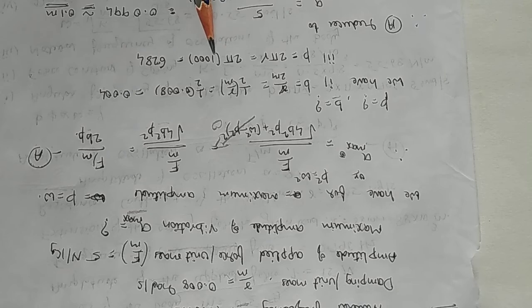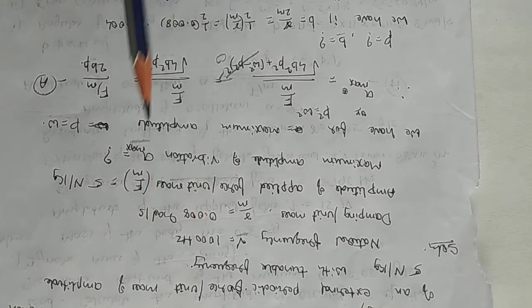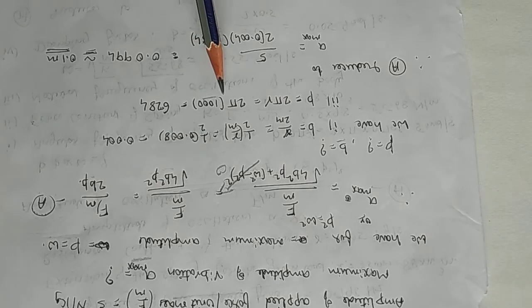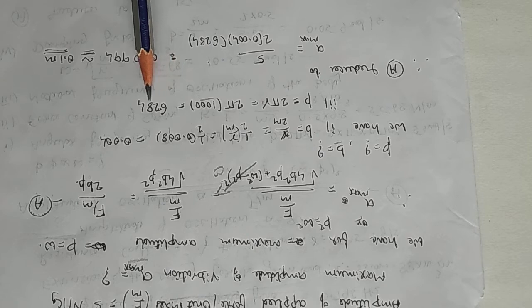That is 2 pi into nu. The applied frequency is given as 1000. So if we substitute 2 pi into nu, with nu equal to 1000, it becomes 6284.